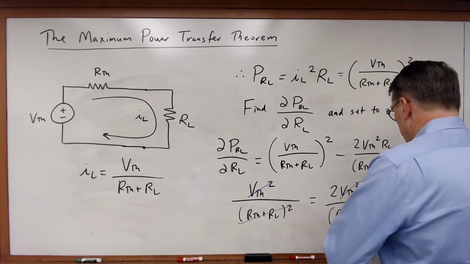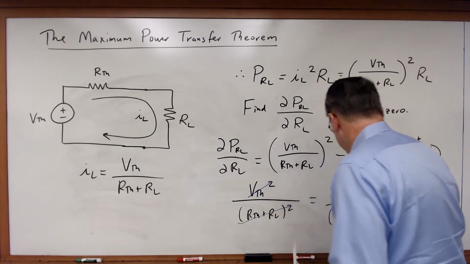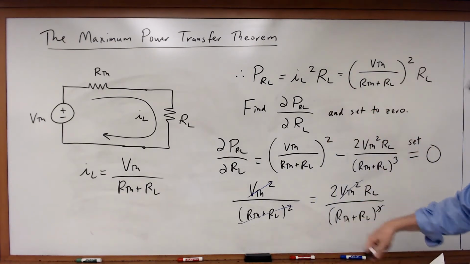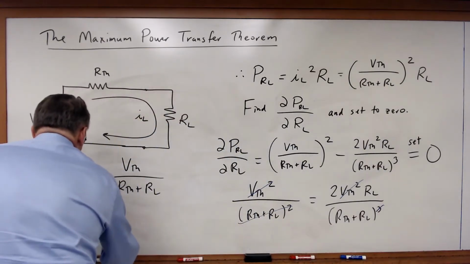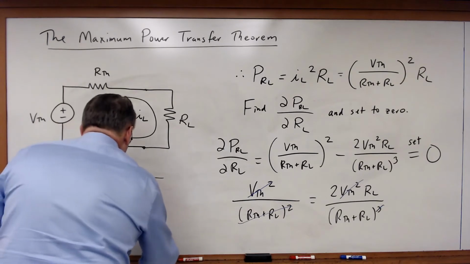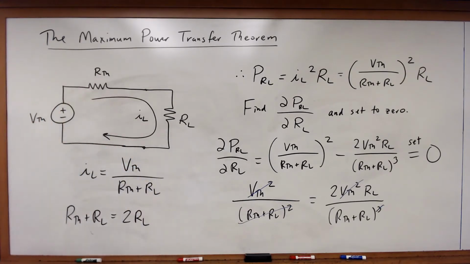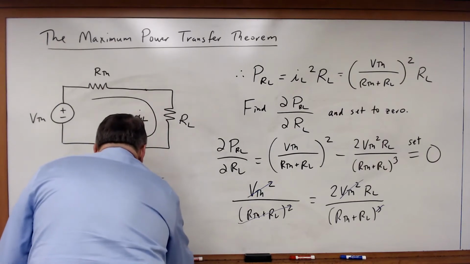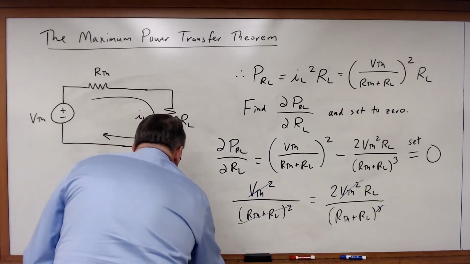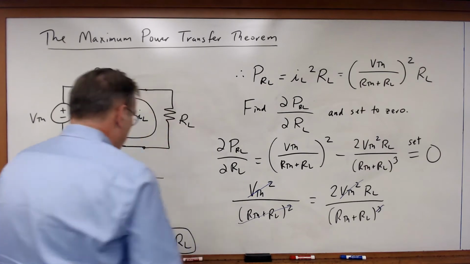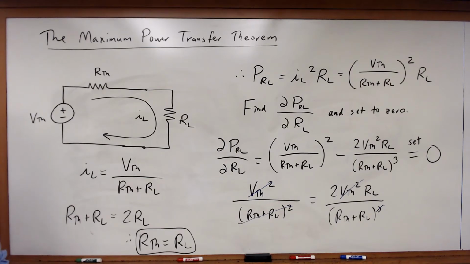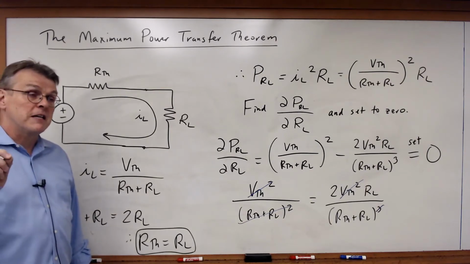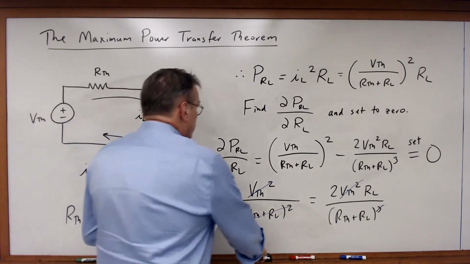And so what we will wind up with then is that multiplying by this denominator on both sides, what we'll get is that RTH plus RL is equal to 2 times RL, or RTH is equal to RL. And that is our requirement. That is what gives us the maximum value of power, when RTH is equal to RL, or actually RL is equal to RTH. And so that's the result of maximum power transfer.